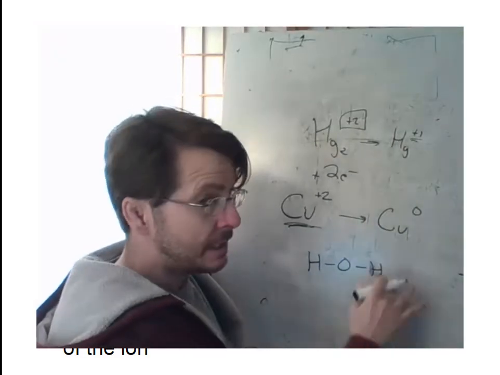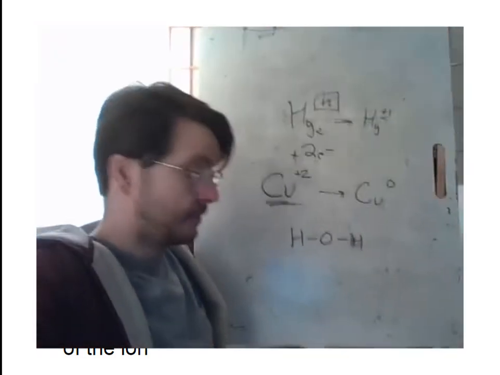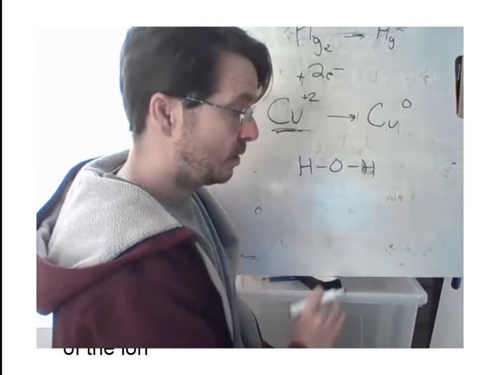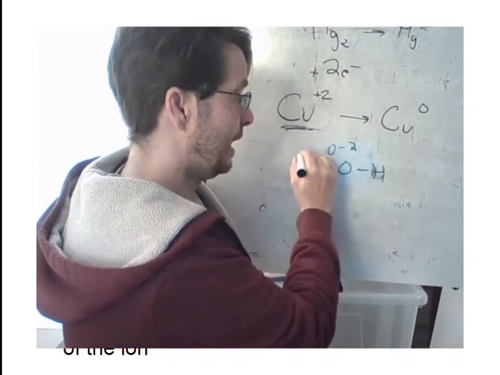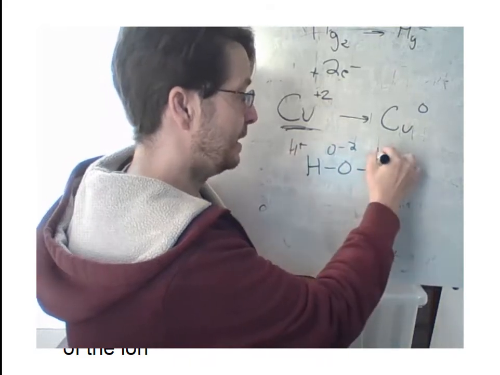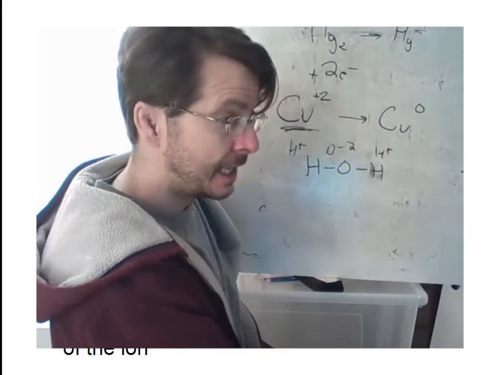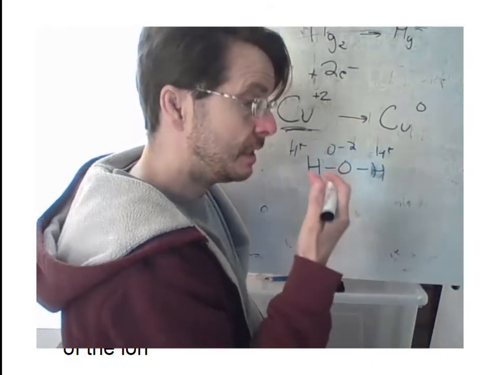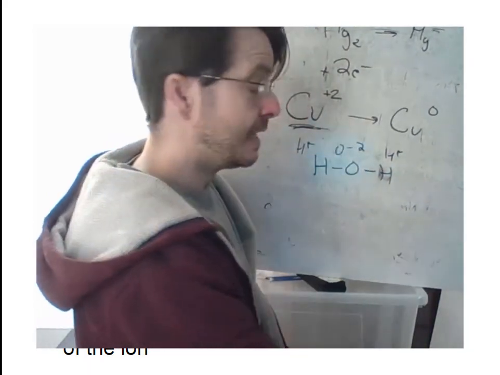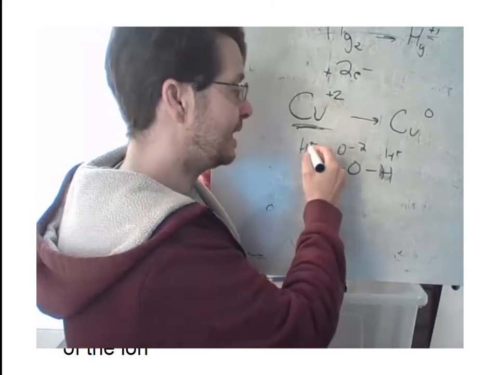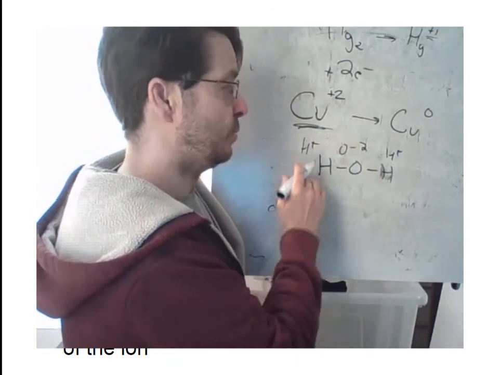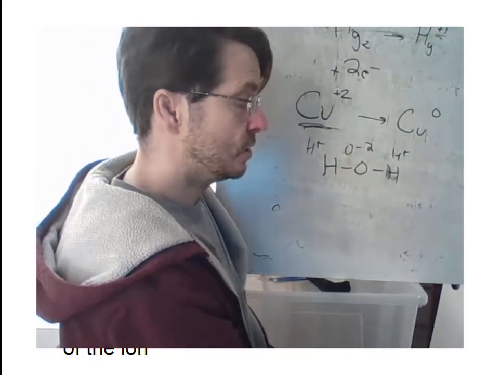This is formally a covalent compound. This is covalent. We don't think of it as O-2 and H plus and H plus. All right, this is not an ionic compound, but in electrochemistry, we can pretend. All right? We can pretend like the hydrogen has a +1 charge and the oxygen is -2 charge.